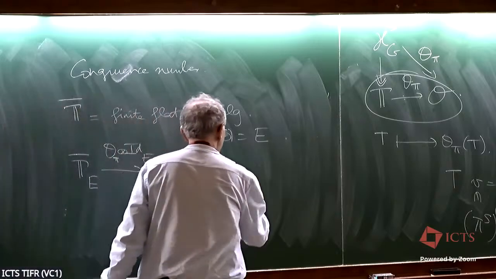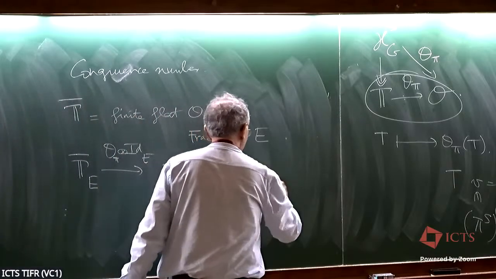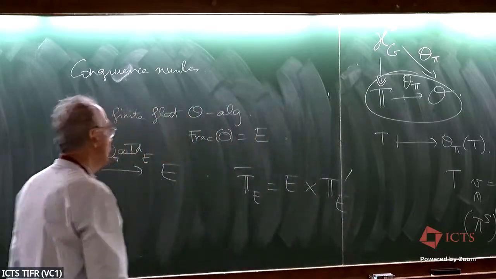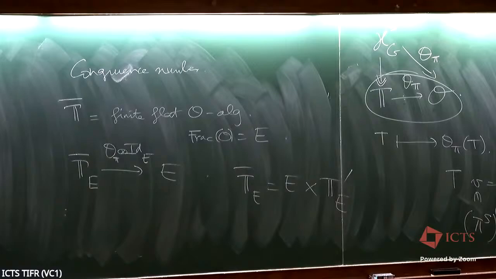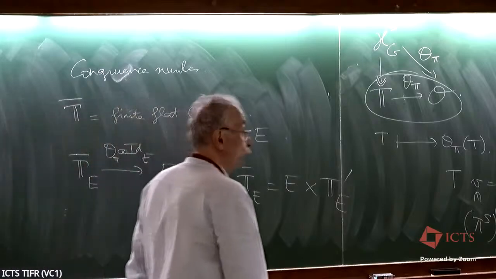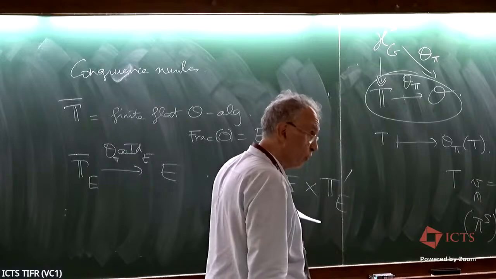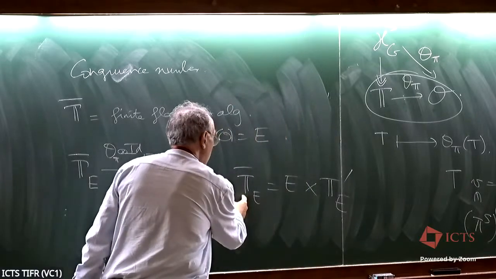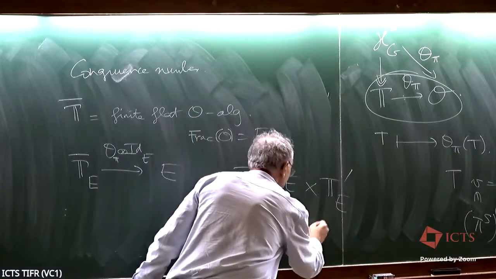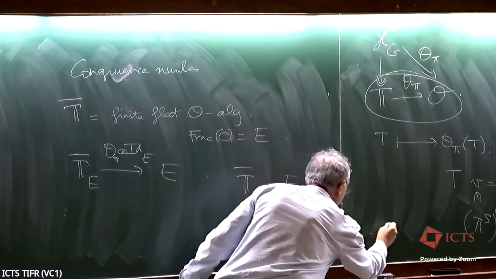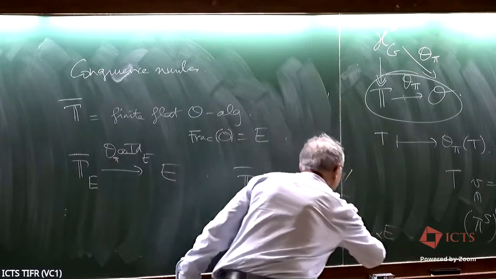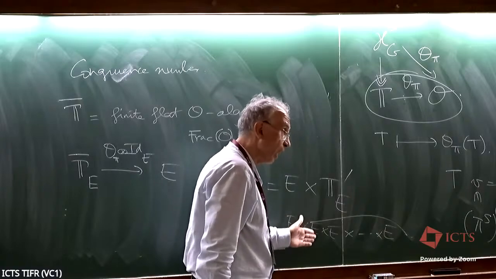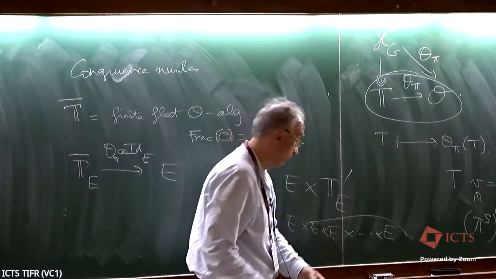So I split it, and I get T_E equal to E times something else, which I denote by T prime E, another semi-simple E algebra. If E is a sufficiently big field, actually this algebra is just E times E times E times E, and here we take the rest. And what are these E's? They are the theta pi primes.